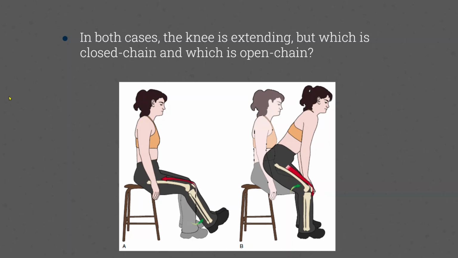So that left side is an open chain movement, and on the right side where her feet are planted and she's lifting out of the stool, still the knee is extending, but the distal portion is stationary and the proximal portion is moving. That is considered a closed chain movement.